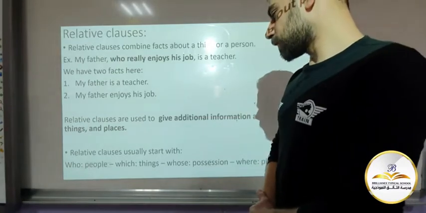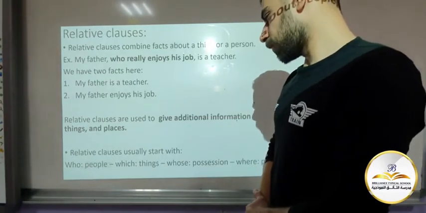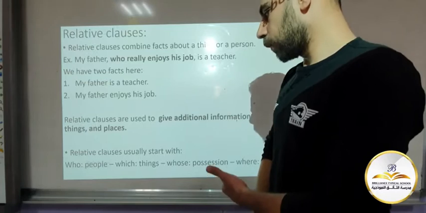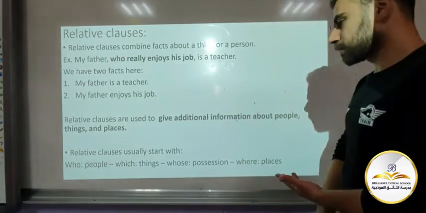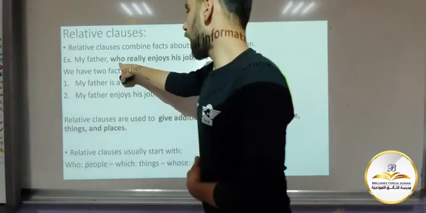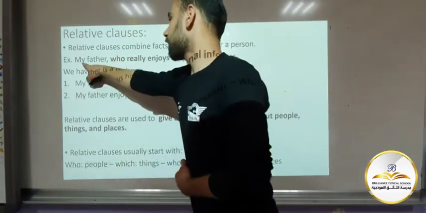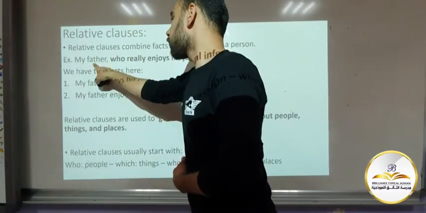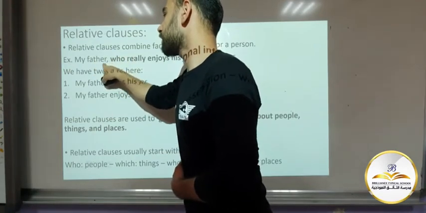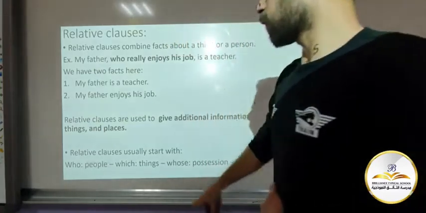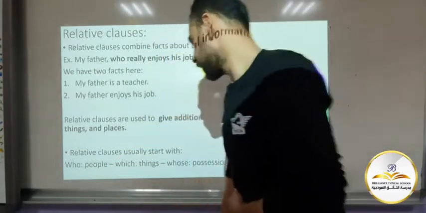Also, relative clauses usually start with who, which, whose, and where. Here we have who, like if I say my father, who. We use who when we talk about a noun that is a person. So who for people.